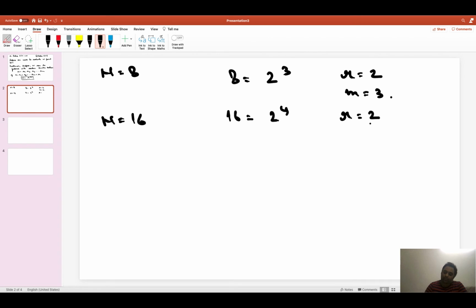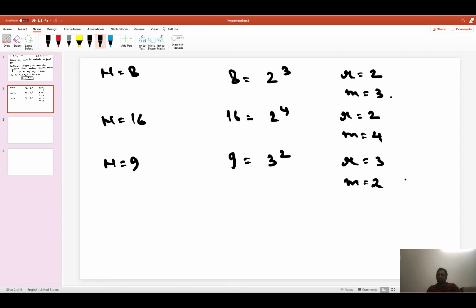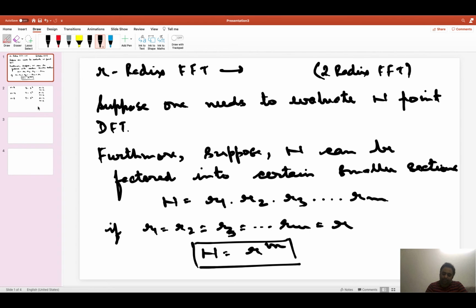So r is 2, m is 4. Suppose I say that N is 9, and I can write 9 as 3 squared. So r is 3 and m is 2. Just simple calculation based on the formula that I wrote in the previous slide.